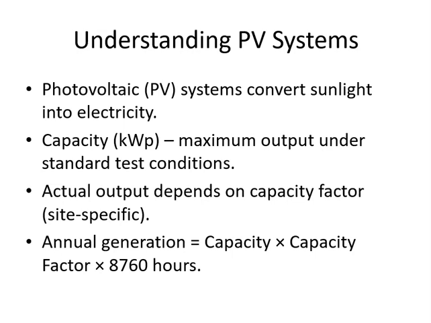We call this the efficiency of devices. Annual generation is simply capacity multiplied by the capacity factor and then by the number of hours in a year. Roughly speaking, we consider this to be 8,760 hours.